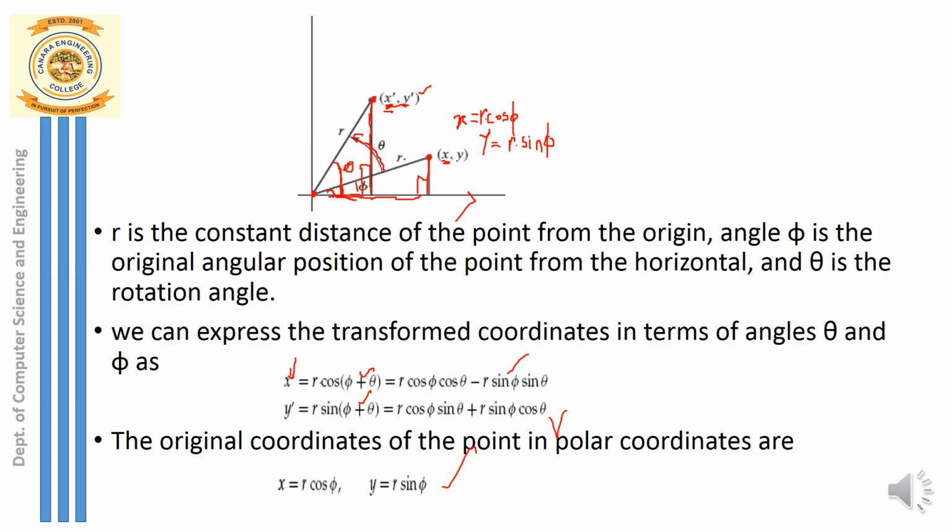Do I have this r cos phi over here? Yes, my first equation. So substitute that r cos phi by x. Similarly, do I have the value r sine phi? Yes. So r sine phi, I can replace it with y. So can I rewrite the equation now? X dash is equal to x into cos theta minus y into sine theta. Similarly, this below equation also you can change.